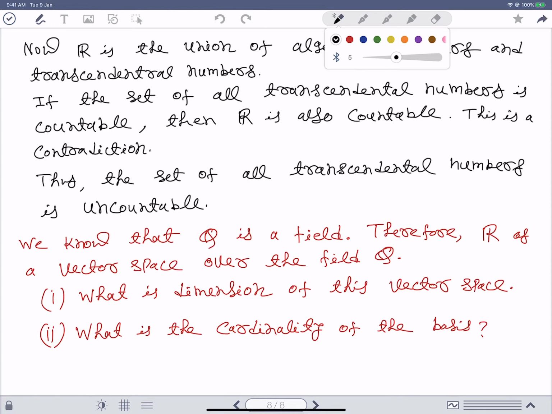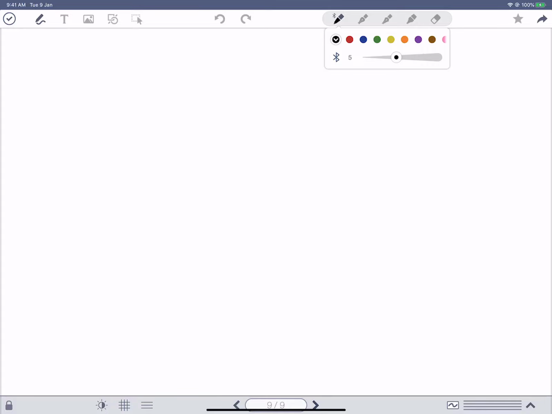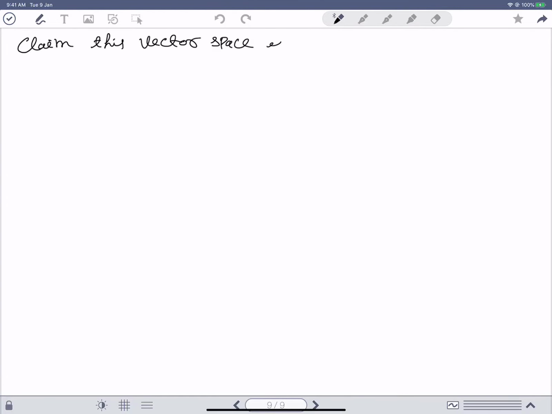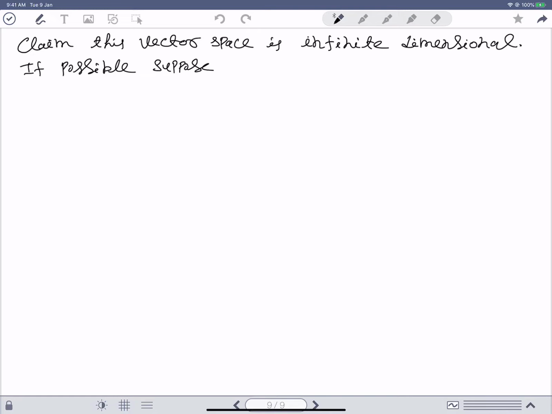First, we prove that this vector space has infinite dimension. So, claim: this vector space is infinite dimensional. Why? Because if possible, suppose the vector space has finite dimension.